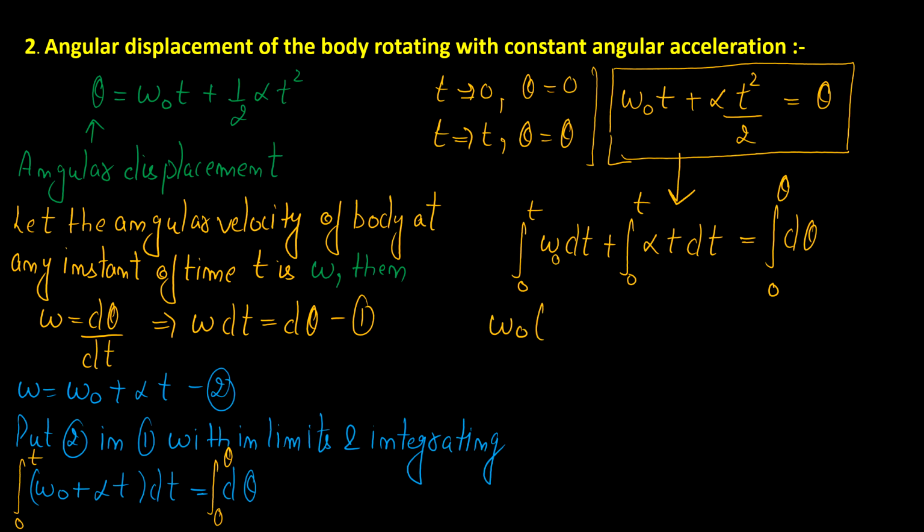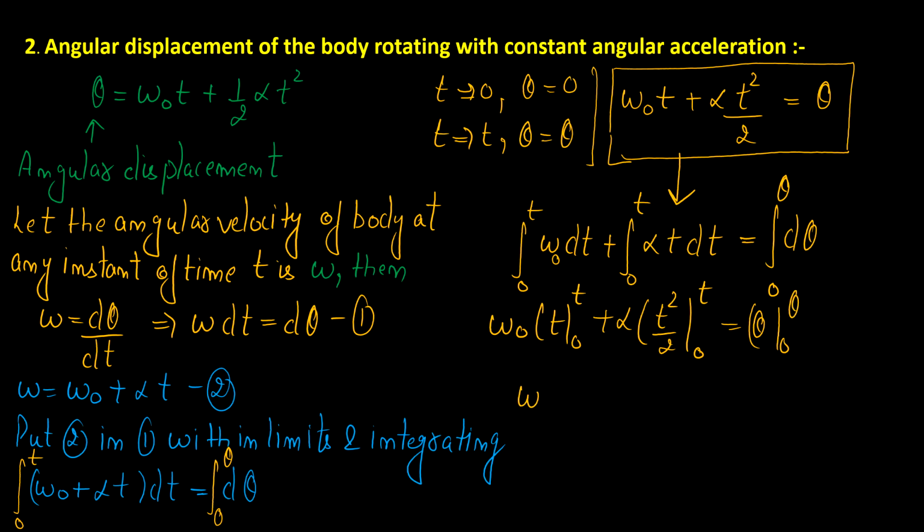We get integration of dt is t, limit 0 to t, plus alpha is constant, and integration of t dt is t square upon 2, limit 0 to t, and integration of d theta is theta, limit 0 to theta.